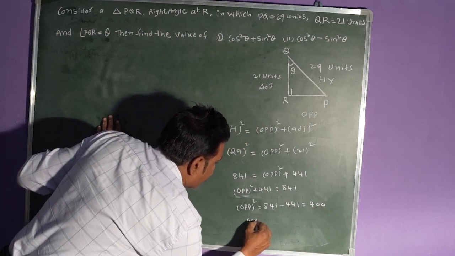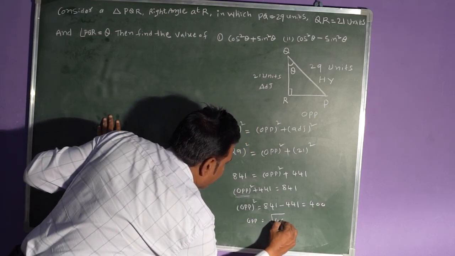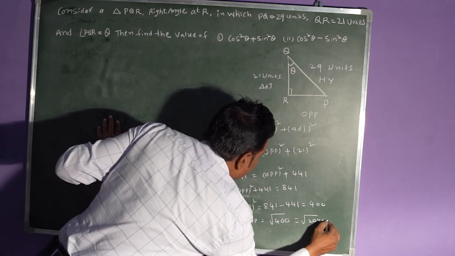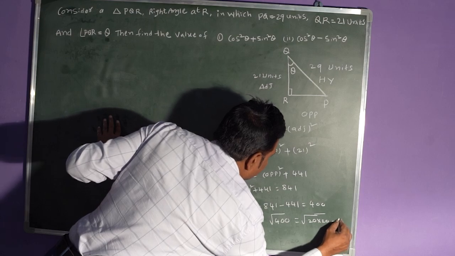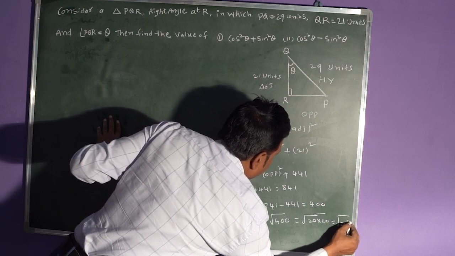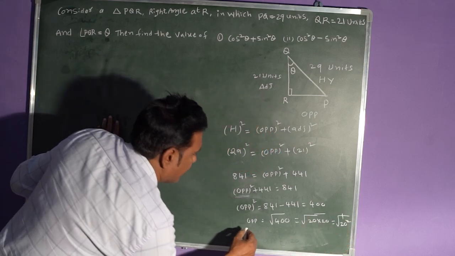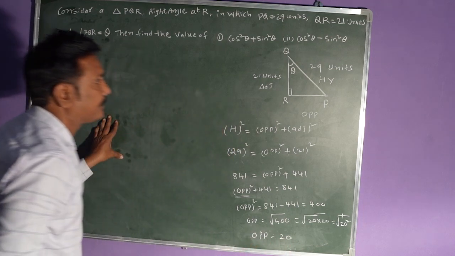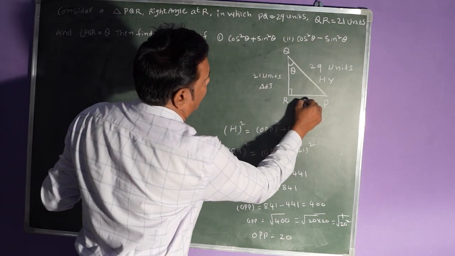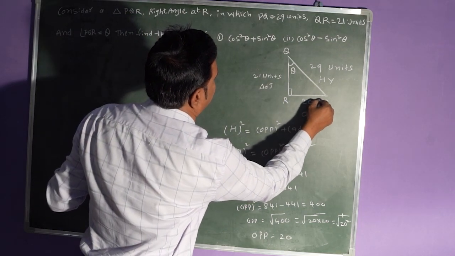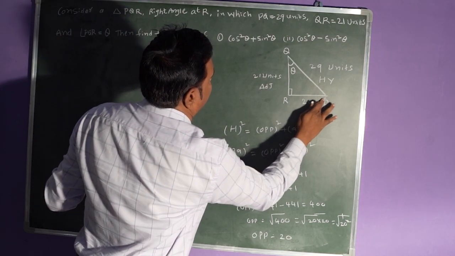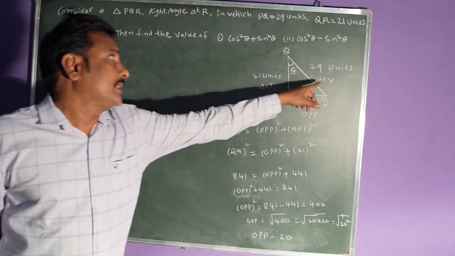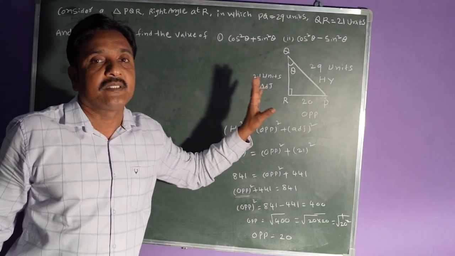Opposite is equal to root of 400, equal to root of 20 into 20, equal to root of 20 square. Square root cancels. Then opposite is equal to 20. Okay, opposite value is 20 units. Hypotenuse is there, adjacent is there, opposite is there.